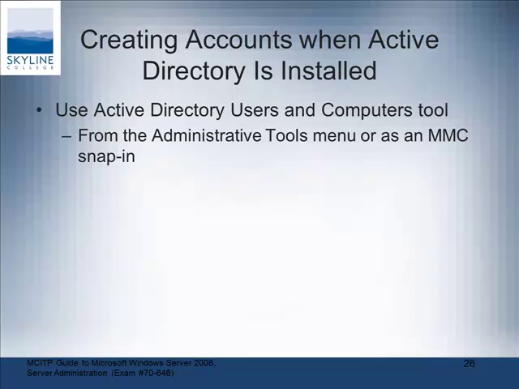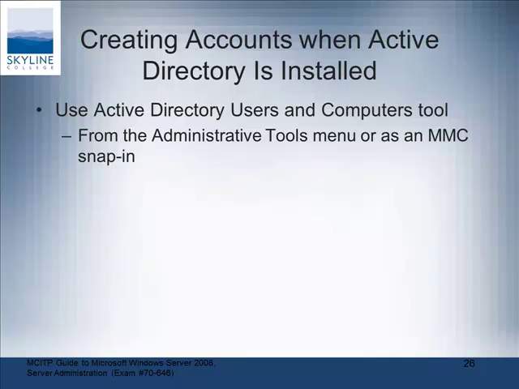Active Directory users and computers, and when you install Active Directory, all this stuff's going to be installed for you. It's going to be in your administrative tools. You don't have to go back and create the MMC, although you may want to create an MMC that's got all of the snap-ins that you are going to use in your management. Users and computers, it's the same thing.